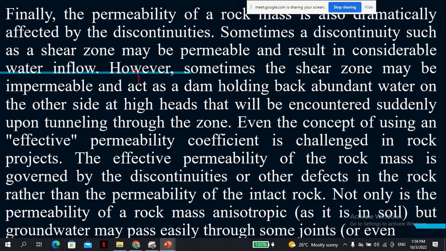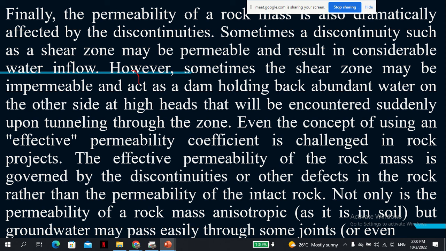It depends exactly on the position or the makeup or how broken the rock is. So even to describe the permeability of rock is a big problem. There's no universal agreement. Some people have come up with the idea of what we call effective permeability, and even then, there's no universal agreement whether this is a good representation of the permeability of the rock.